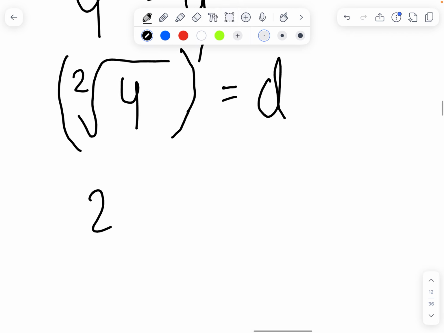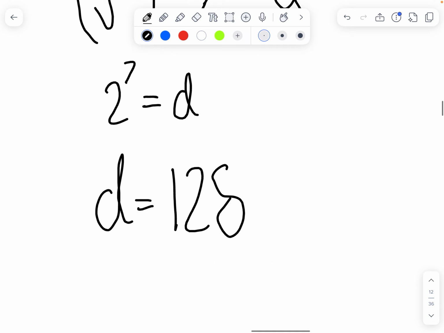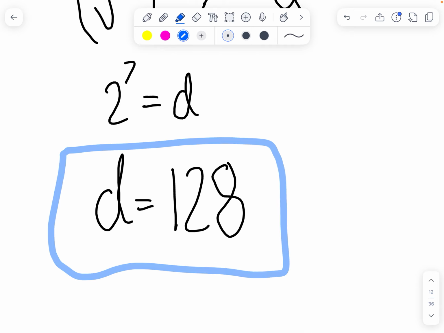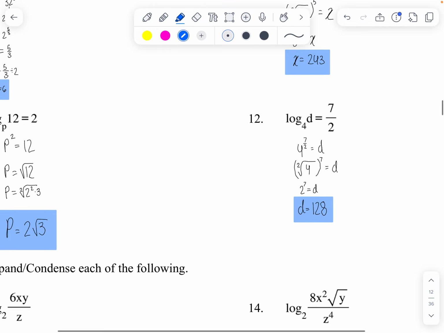So then 2 to the power of 7 equals d. So d equals 128. And this is the last answer.